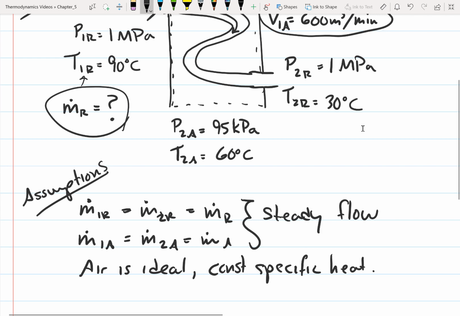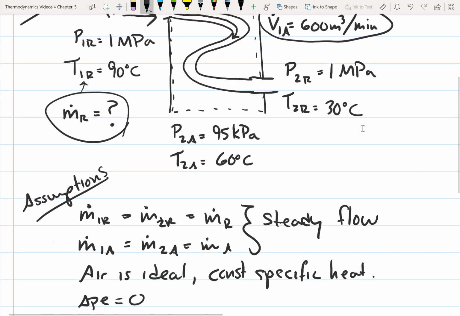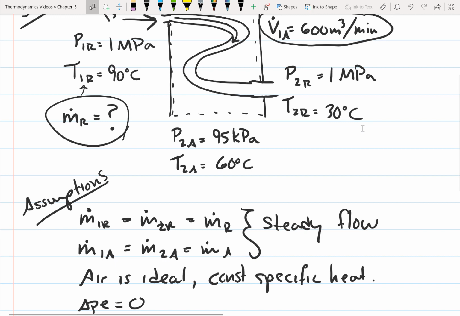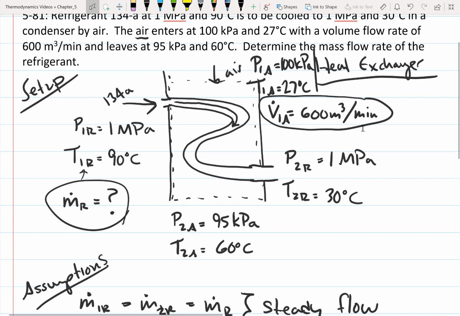And we're also going to assume the change in potential energy is 0. I think that's pretty clear. There's not going to be a large elevation change over this heat exchanger. Even if there is, we haven't been given any data about it, so we have to assume that it's 0.